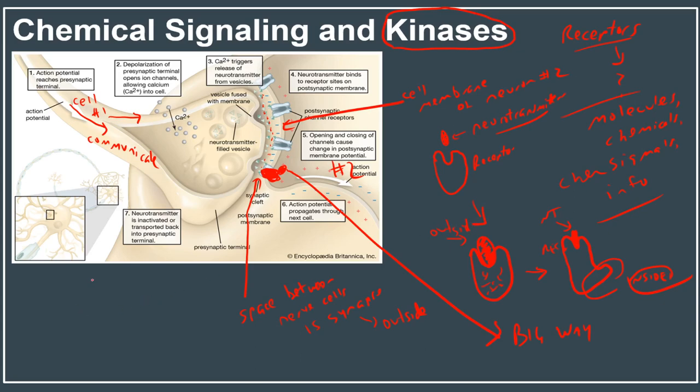So one of the things that happens is, you need to modify the machinery inside neuron number 2, and that's where kinases come into play. Remember I said that so much of what cells are doing comes down to chemistry and controlling the chemistry? Well, kinases control chemical reactions inside the cell.